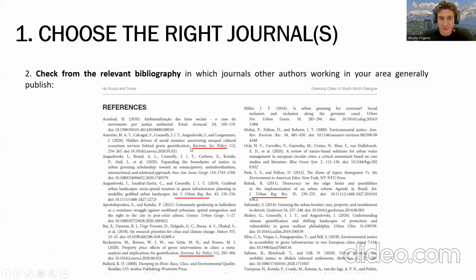So, for example, here I just took one article by chance, but we see that there are two journals that are repeated, kind of recurrent, and maybe we might be interested to see the conditions to publish in these journals, what their aims and scope are, what the requirements are, because they seem quite relevant in the area that we are investigating.